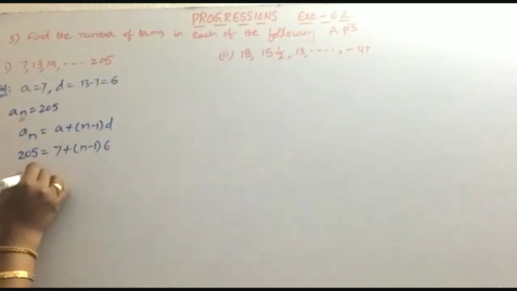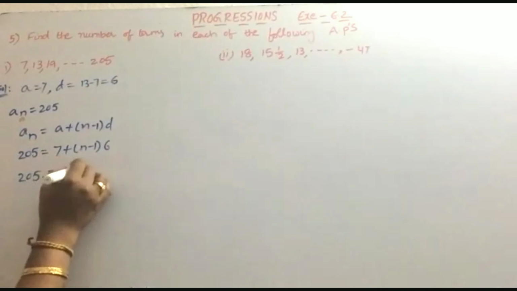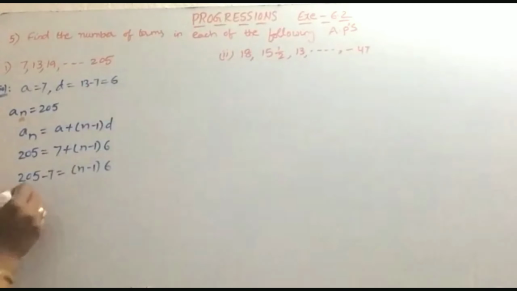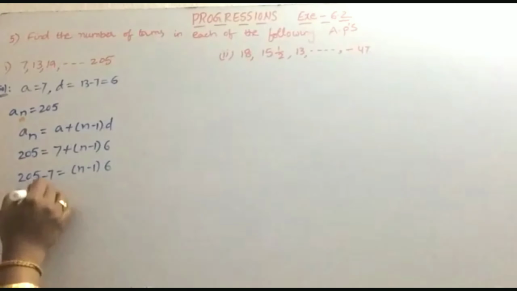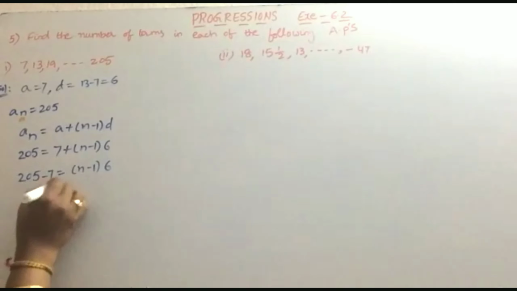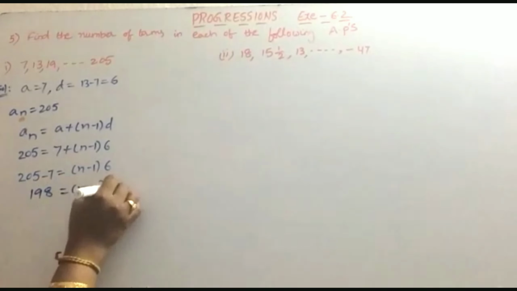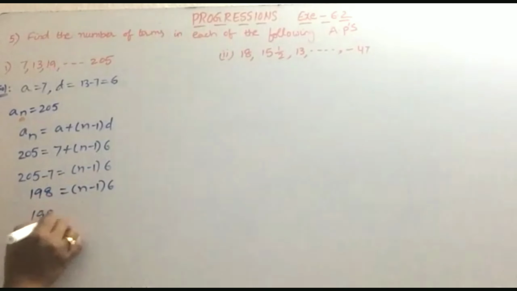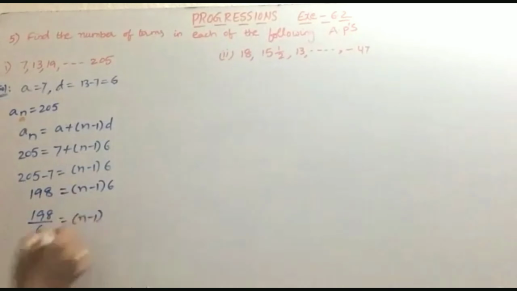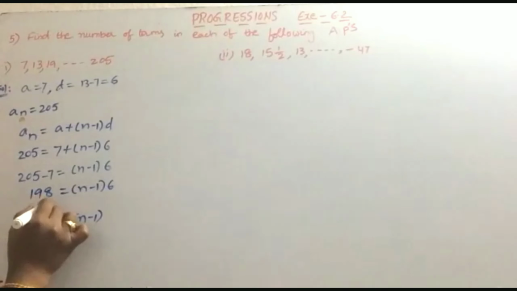Now 205 minus 7 is equal to n minus 1 into 6. So 205 minus 7 is 198 equal to n minus 1 into 6. So 198 by 6 equal to n minus 1. 33.